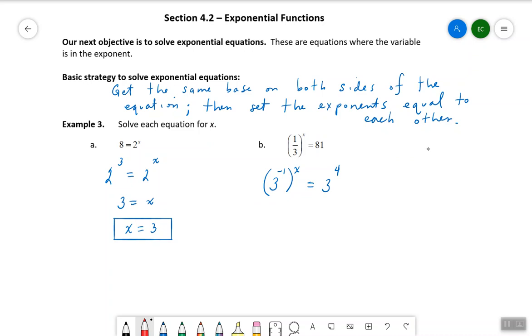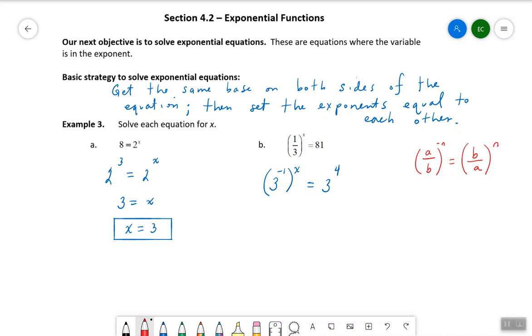We said that a over b to the -n power is the same as b over a to the n.